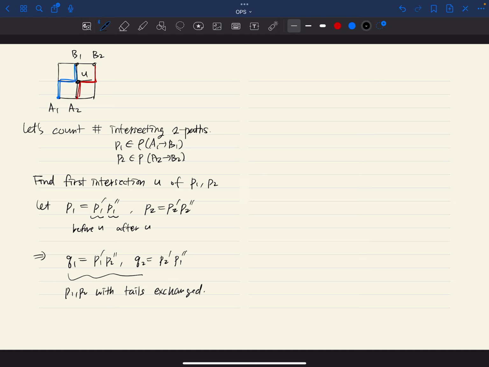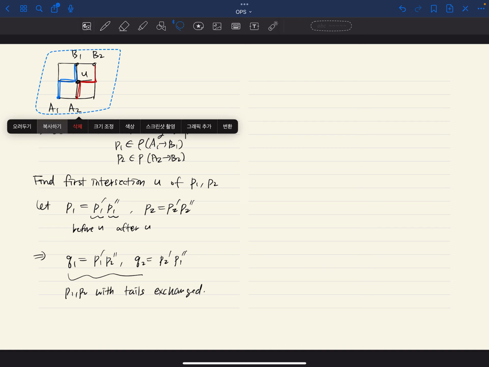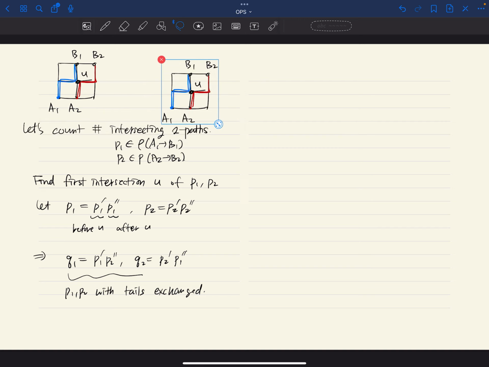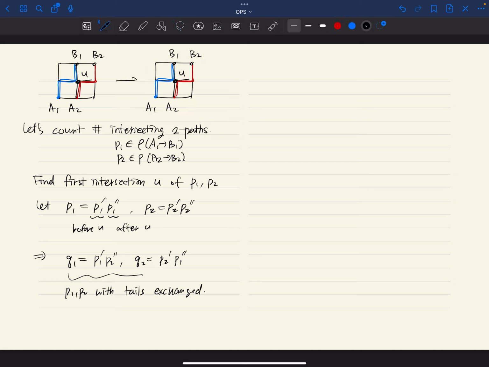Okay, so what does this become in this example? The tails are this and this. We change their tails, so the blue one uses the tail of the red, so it goes like that, and the red one uses the tail of the blue, so it goes like that. Now let's consider them.